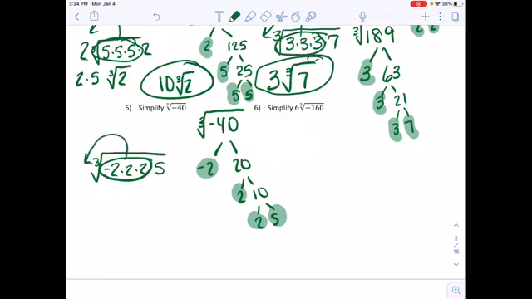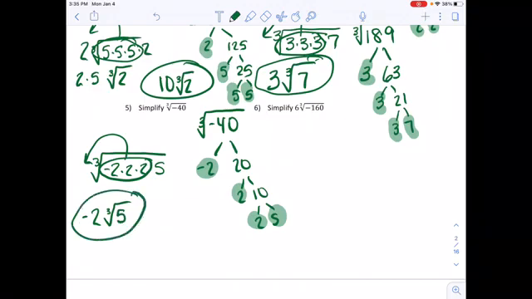So notice in this group of 3 we have a -1. That's just going to make the whole group negative. And we get -2 cubed root of 5 is our solution.